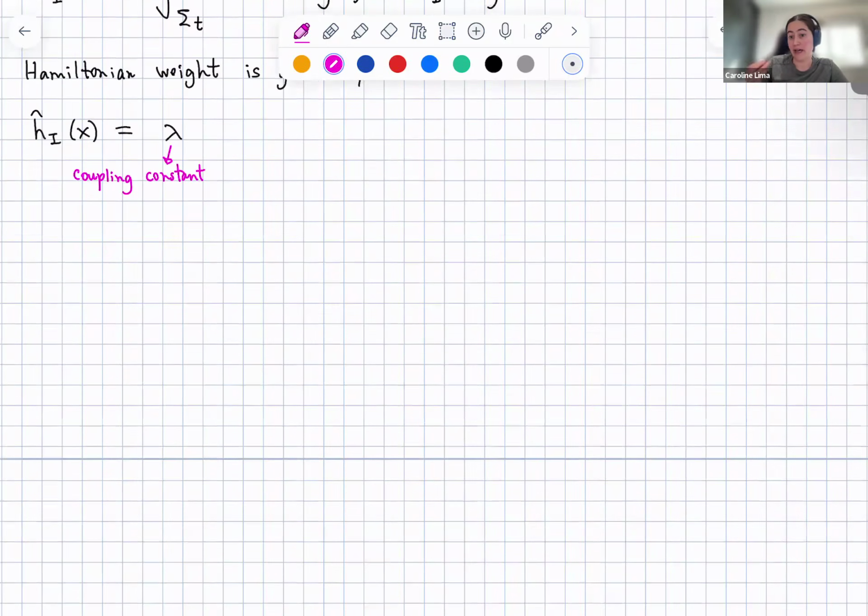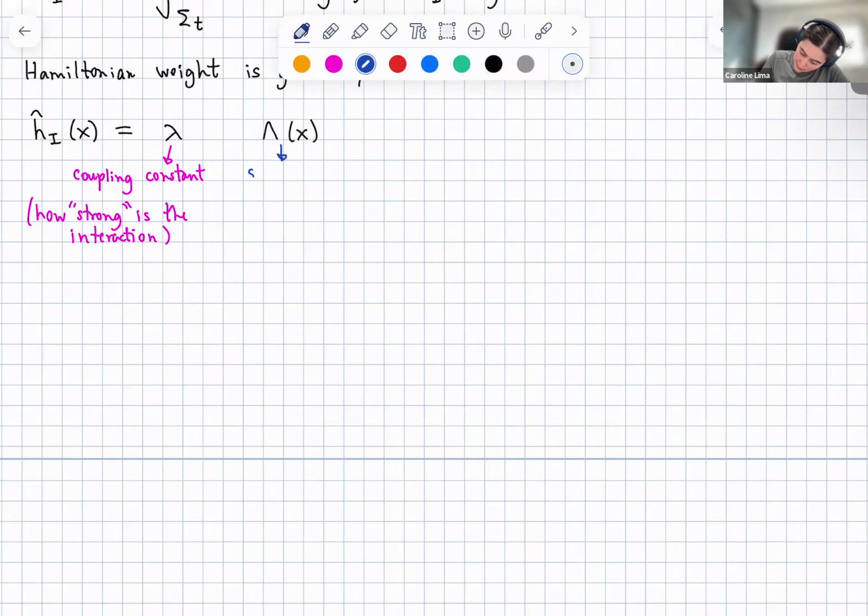Okay. So I'm going to have this coupling constant, and what it tells me is basically how strong, quote unquote, the interaction is, right? Now I'll have some spacetime smearing.